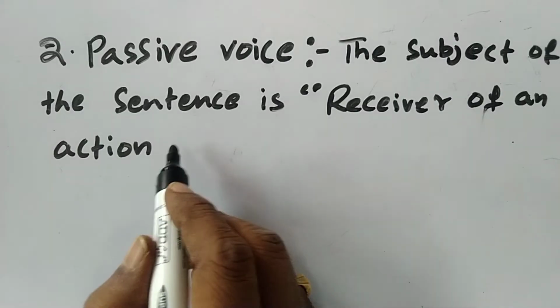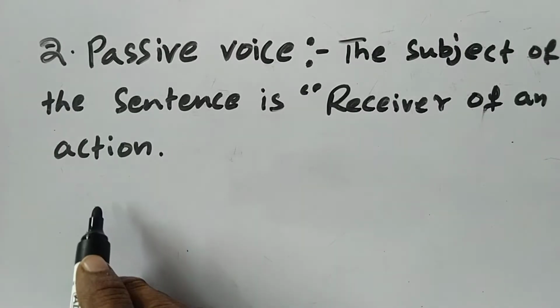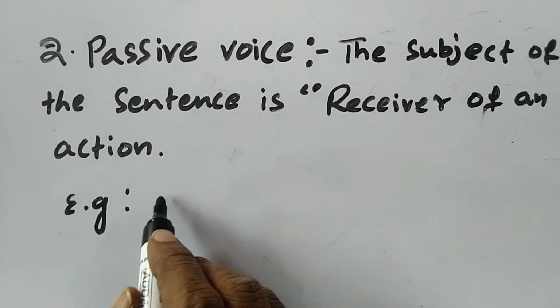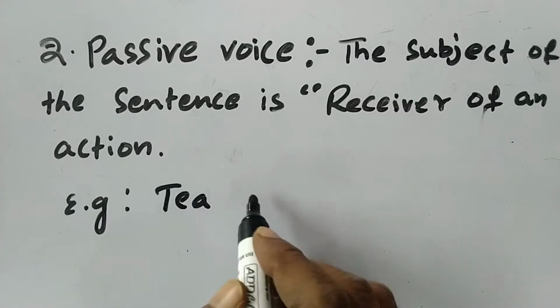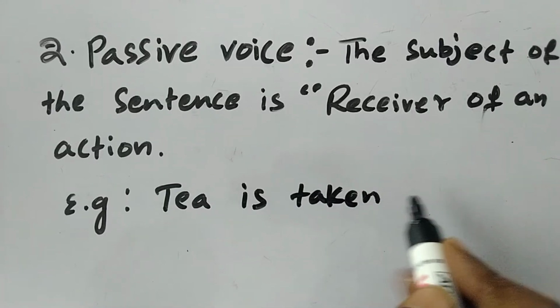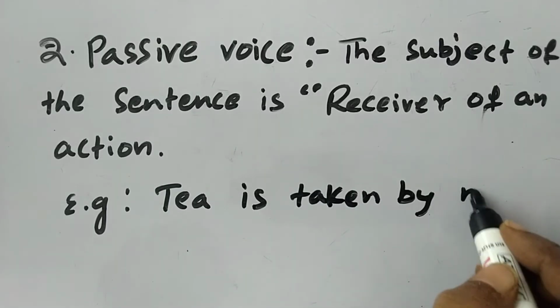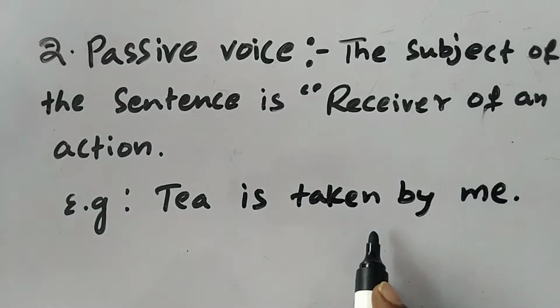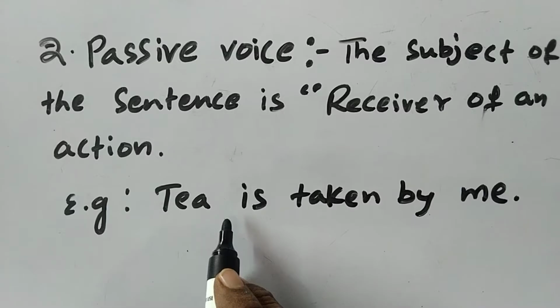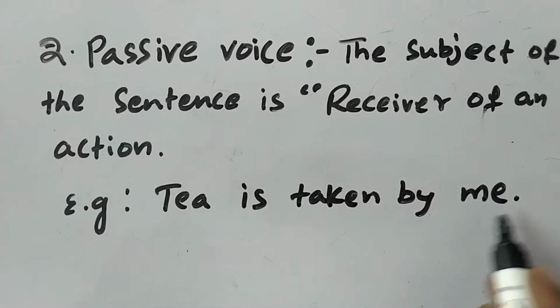It is said to be passive voice. For example, tea is taken by me. So here the subject of the sentence is the receiver of an action. So tea is taken by the subject.